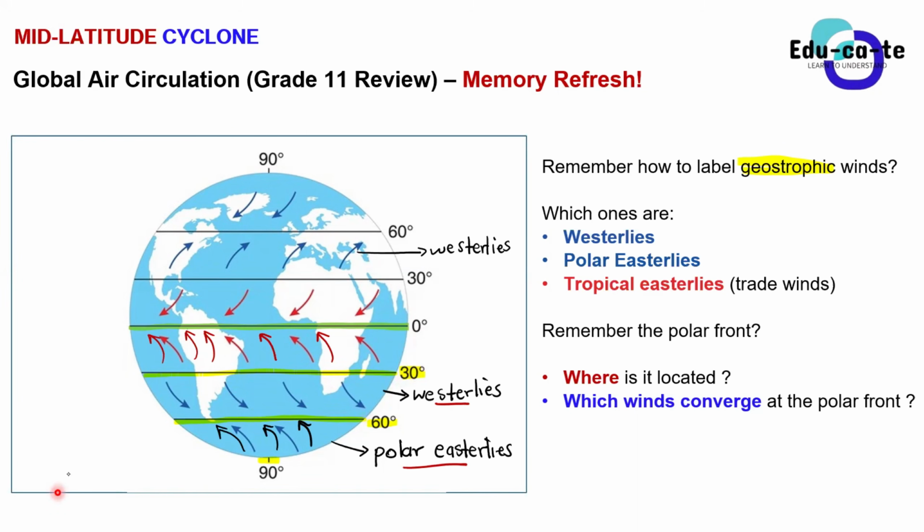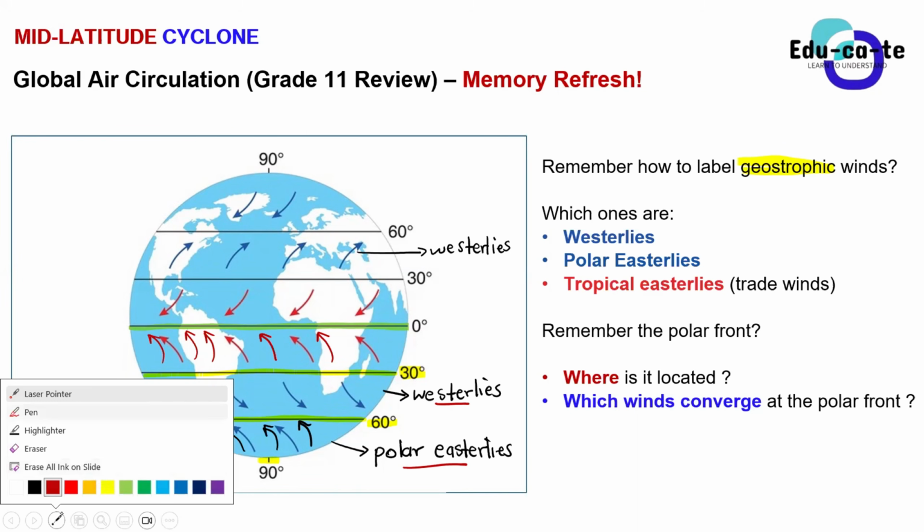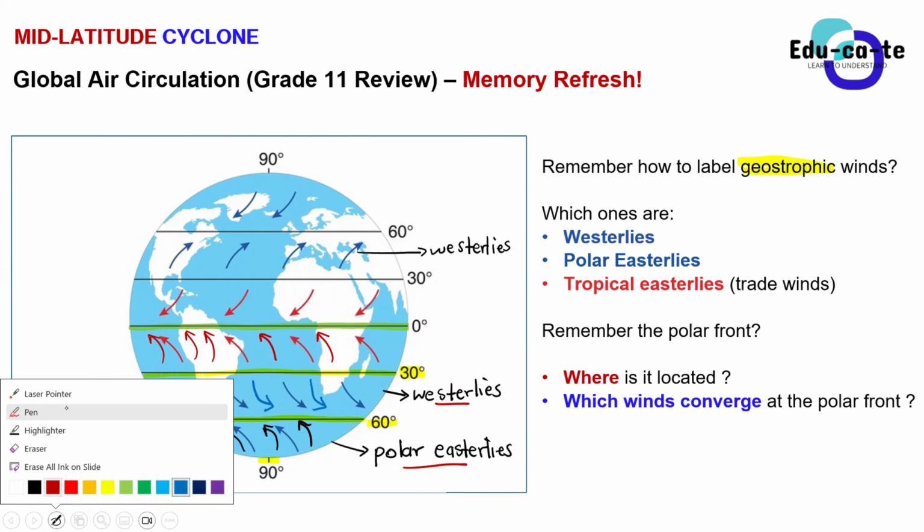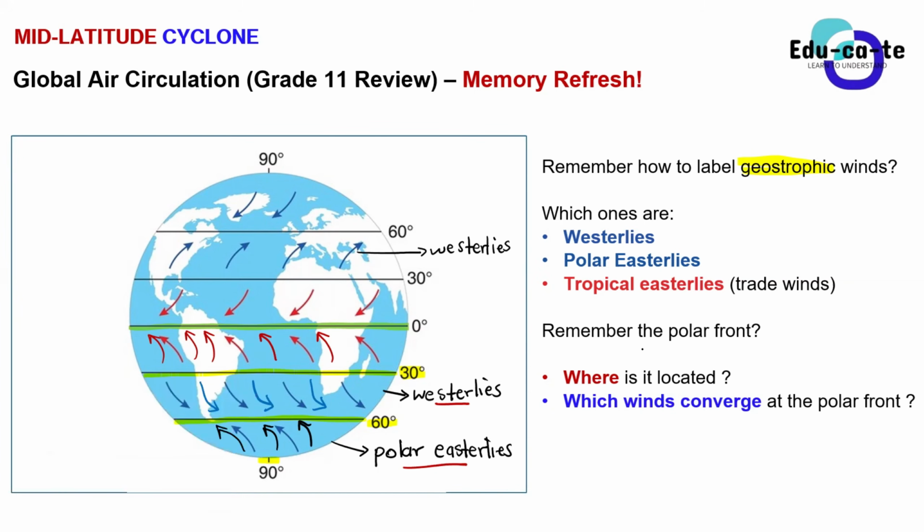These blue ones here are our westerlies. Do we all see them, from 30 degrees to 60 degrees line of latitude? Yes, sir.